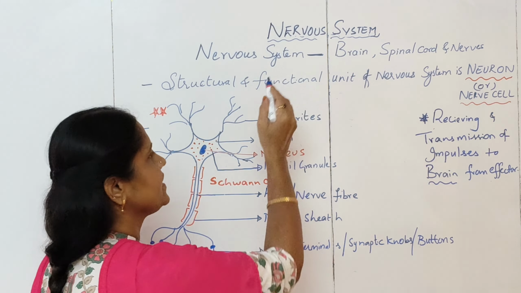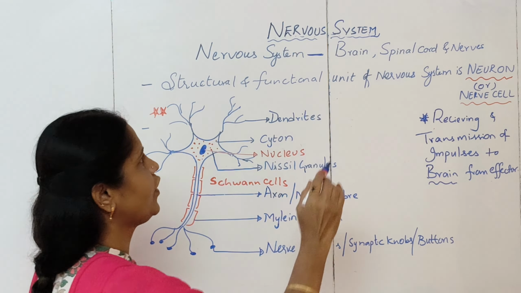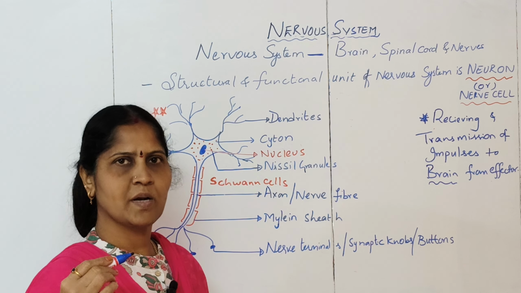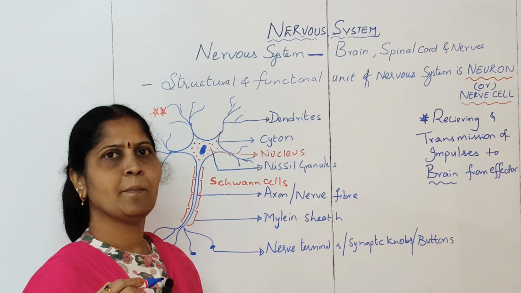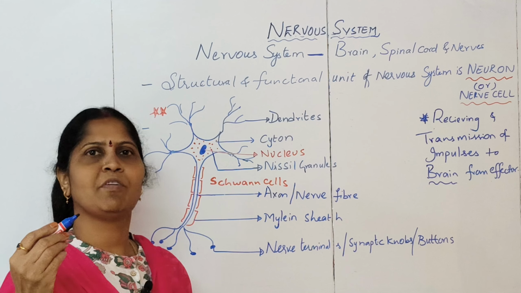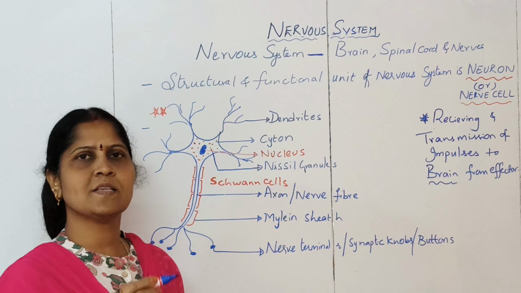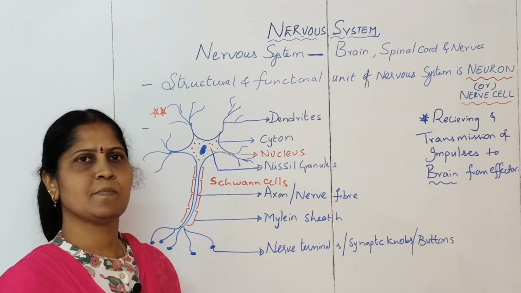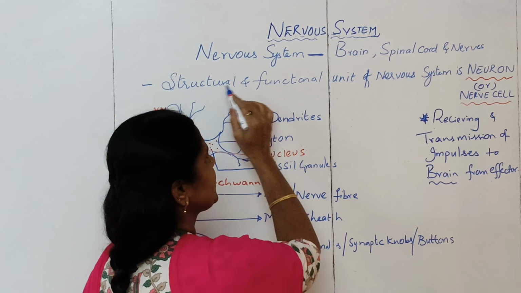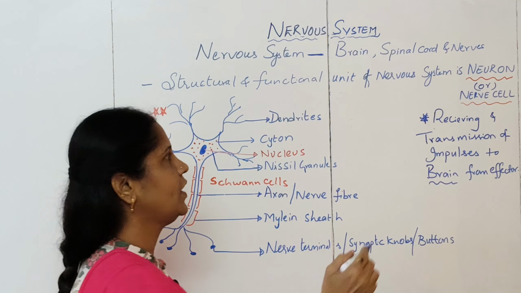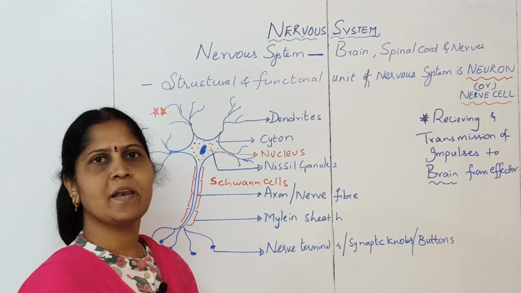So the nervous system, basically we know that it consists of organs, brain and also spinal cord, and it also contains the nerves. But the main structural and functional unit which is essential for the function of all these organs in the nervous system is the neuron. So the structural and functional unit of the nervous system is the neuron, or it is called the nerve cell.